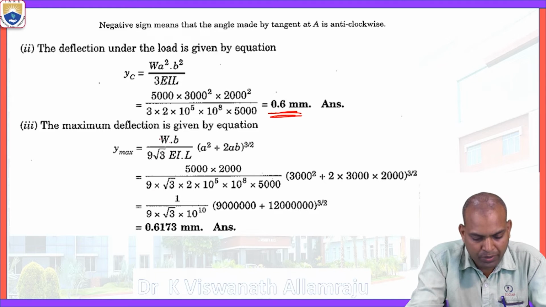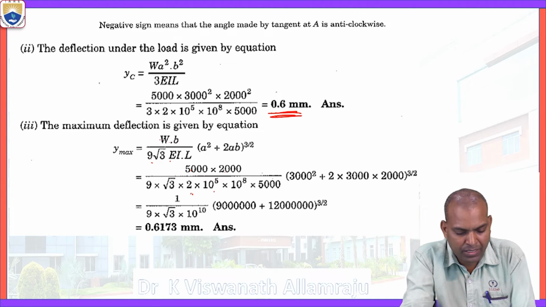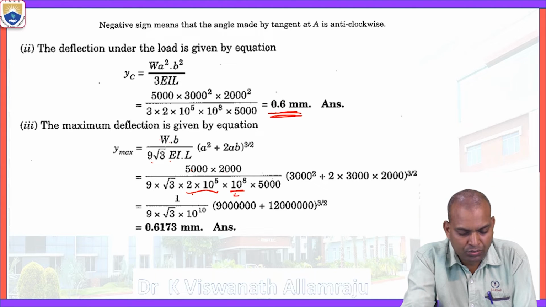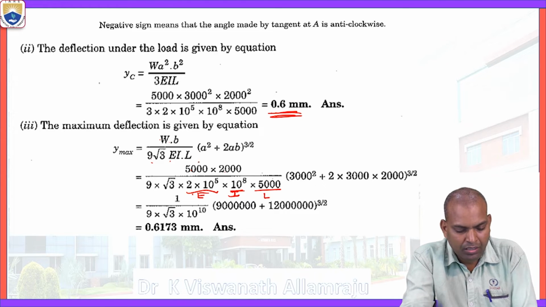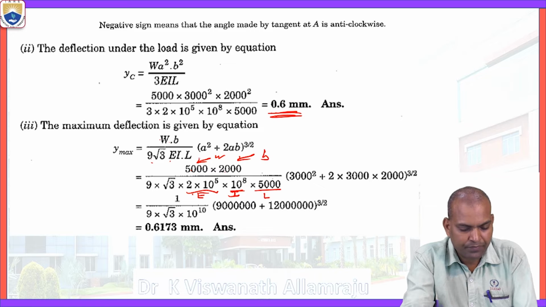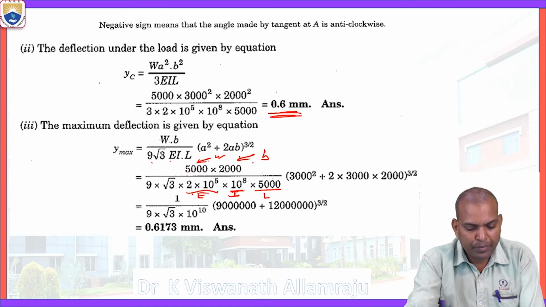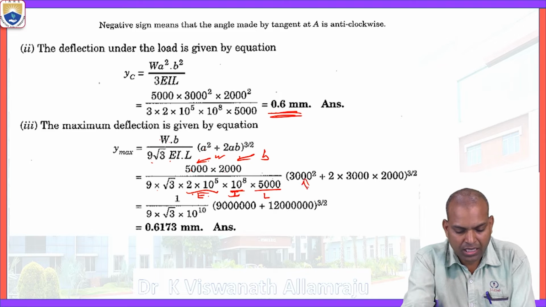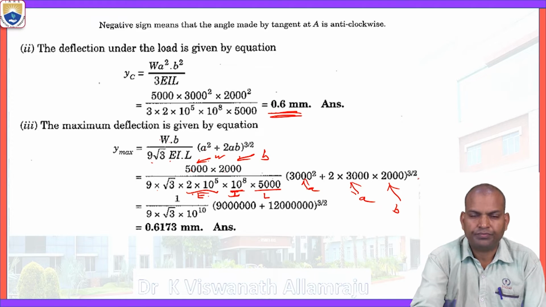Substitute W 5000 newtons, B value 2000 millimeters, 9 times root 3, E value 2 into 10 power 5 Newton per square millimeter, I value, and L. So WB by 9 root 3 times EIL, next A square plus 2A B, power 3 by 2.